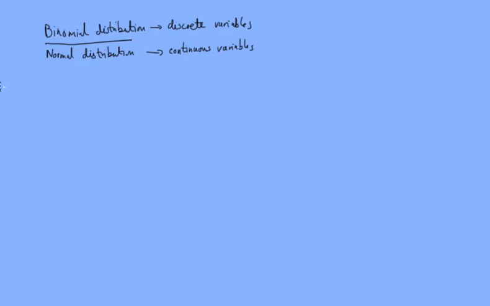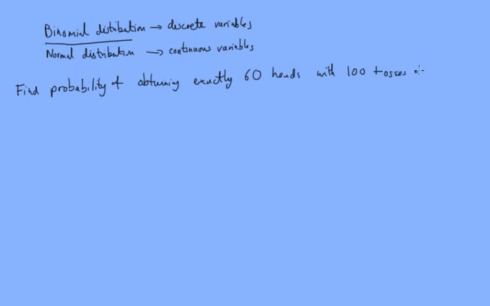Say we wanted to find the probability of obtaining exactly 60 heads with 100 tosses of a coin.